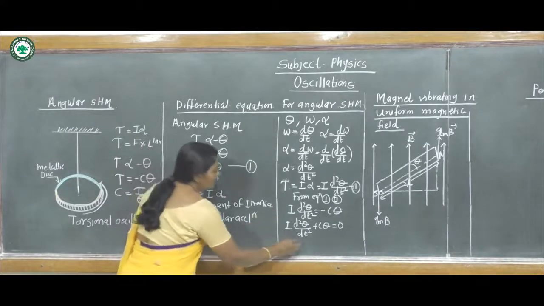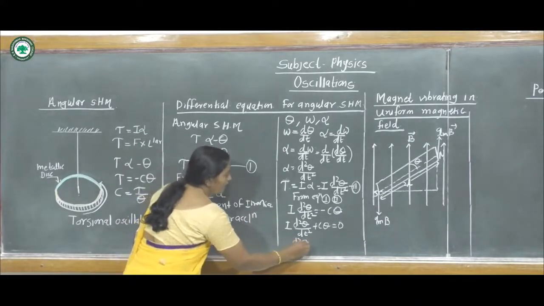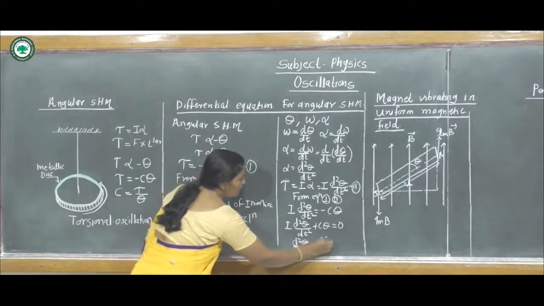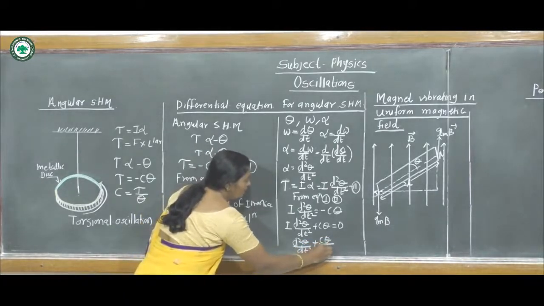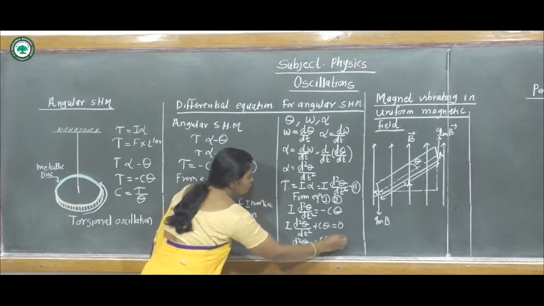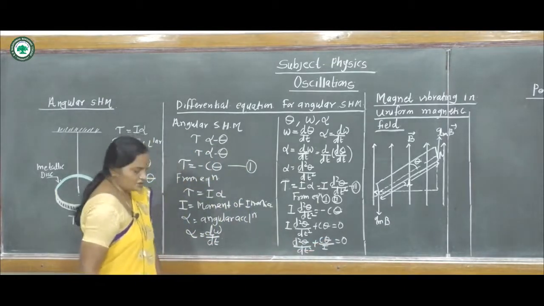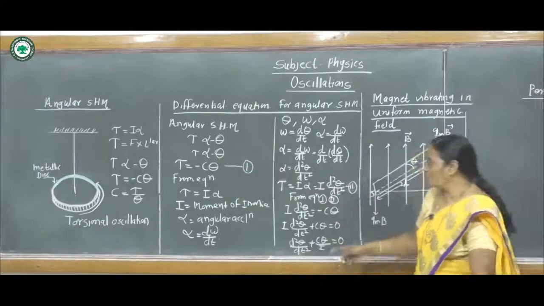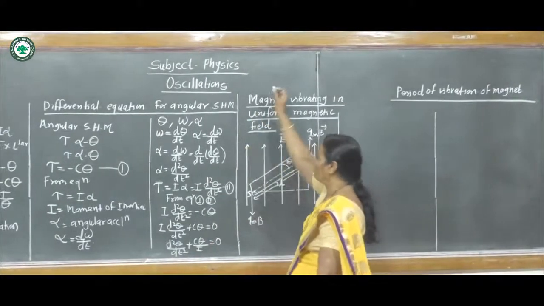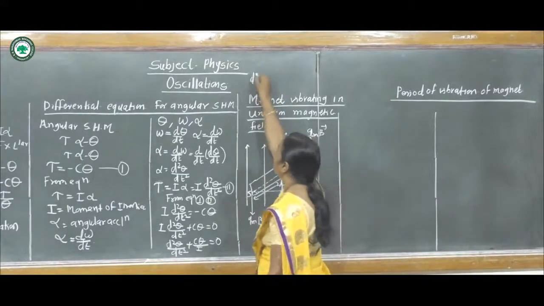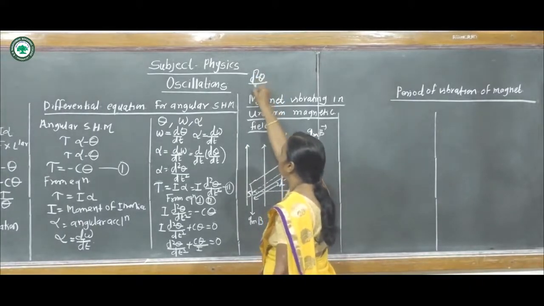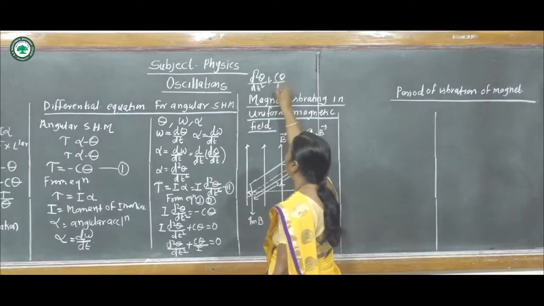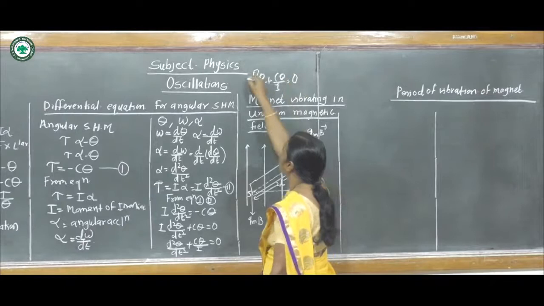Simplifying, it is d2 theta by dt square plus c theta divided by I is equal to 0.